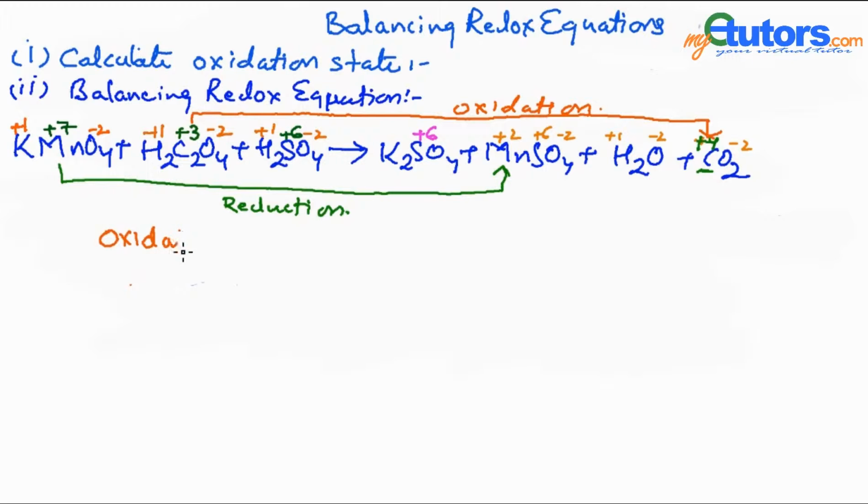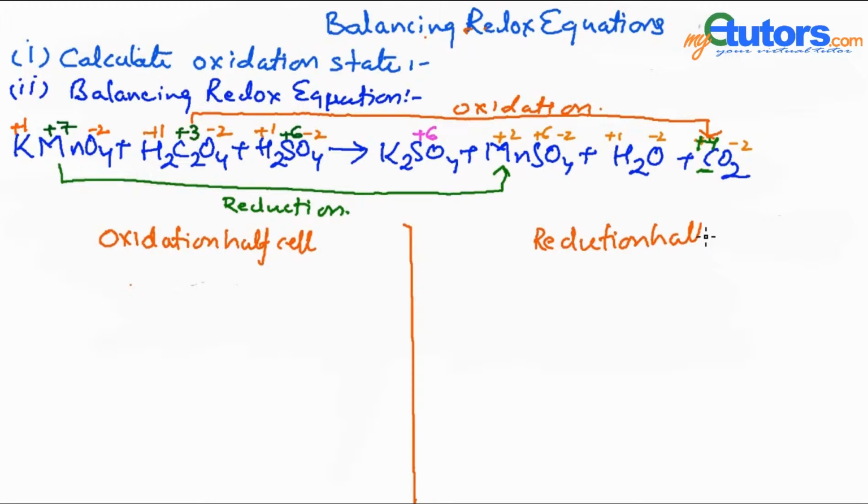For example, in oxalic acid carbon is getting oxidized, so the compounds containing carbon on the product side would be considered in the oxidation half cell. Similarly, in potassium permanganate, manganese is getting reduced. Compounds containing potassium and manganese would be considered in the reduction half cell.